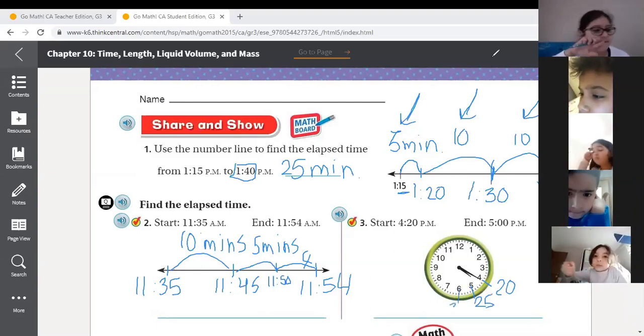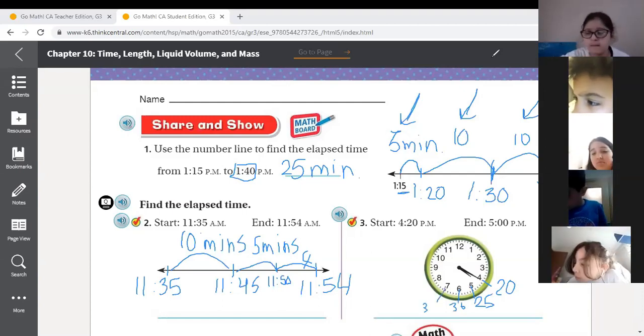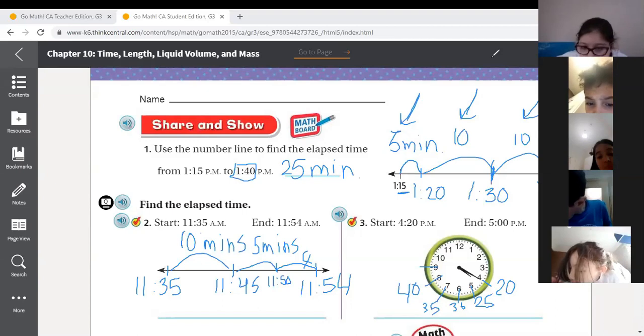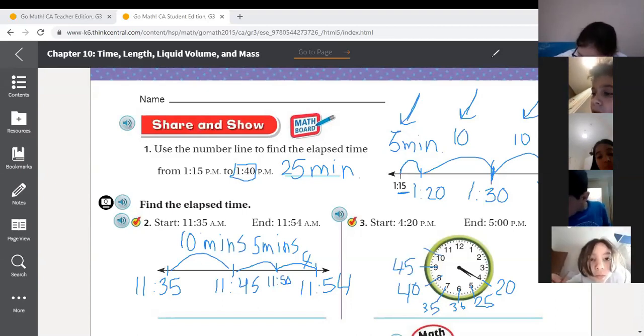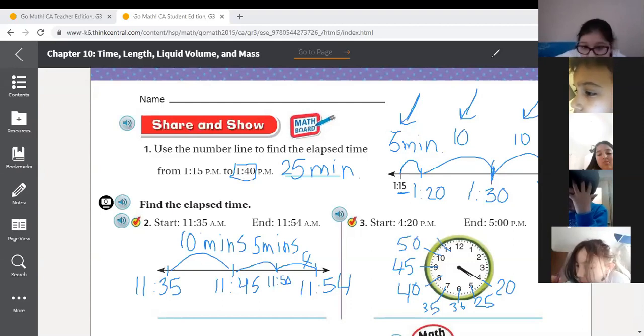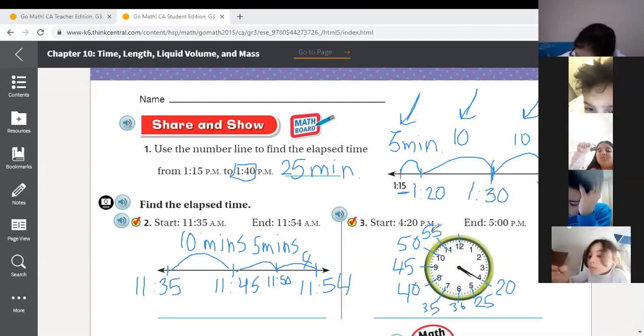Next. 35. Next. 40, and then 45, then 50, then 55, and last one is 60. Thank you, Fahad.